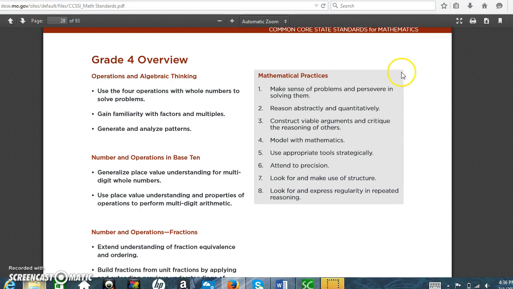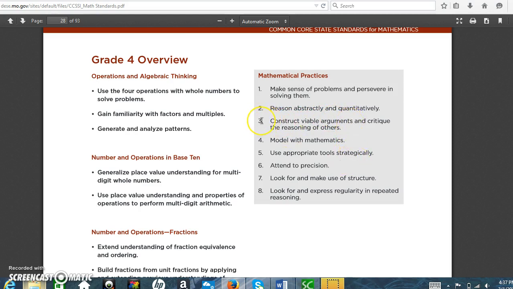If you look here in this gray box, mathematical practices, these 8 mathematical practices are the same for every grade level, K through 12. It's a set of initiatives that each student should be able to accomplish and work toward. They should be able to make sense of problems and persevere in solving them. They should be able to reason abstractly and quantitatively.